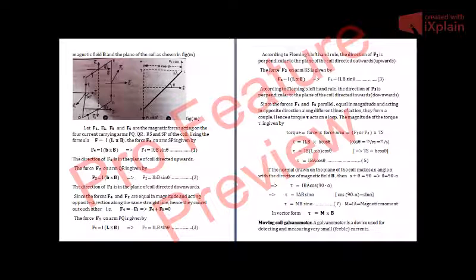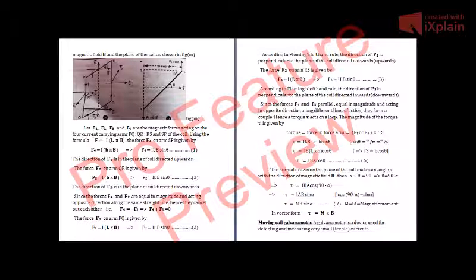Now according to Fleming's left hand rule, the direction of F1 is perpendicular to the plane of the coil, directed outwards. You can apply Fleming's left hand rule, you will see that F1 is perpendicular to the plane of the coil, directed outwards, that is upwards.